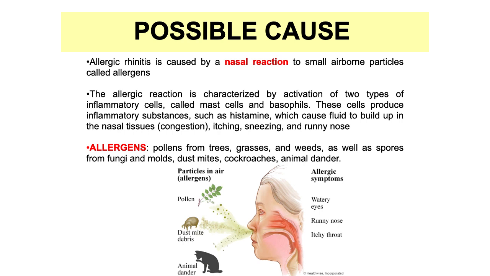So these cells produce inflammatory substances such as histamine, which causes fluid to build up in the nasal tissues, leading to congestion, itching, sneezing, and runny nose. So allergens, class, can come from pollens from trees, grasses, and weeds, as well as spores from fungi and molds, dust mites, cockroaches, animal dander, and so on and so forth.